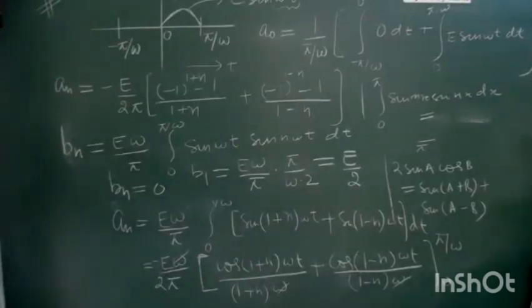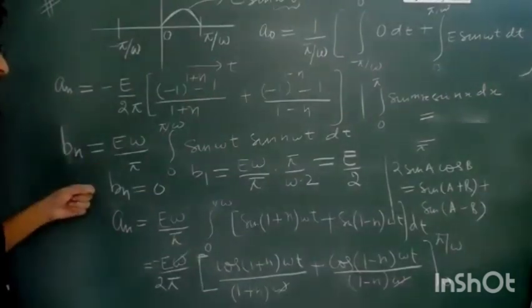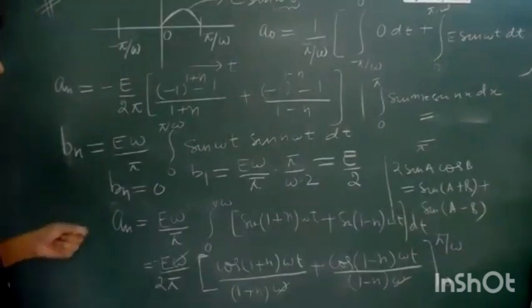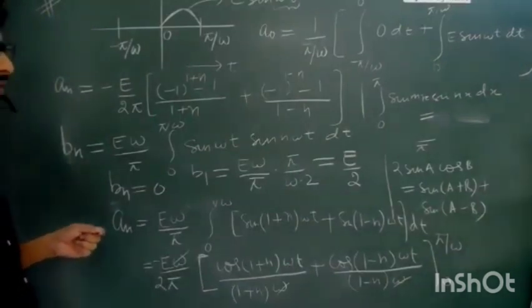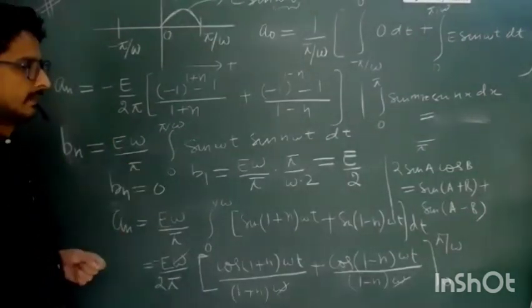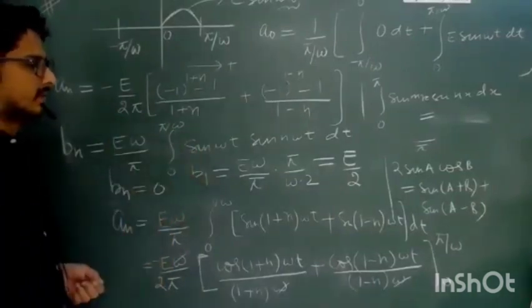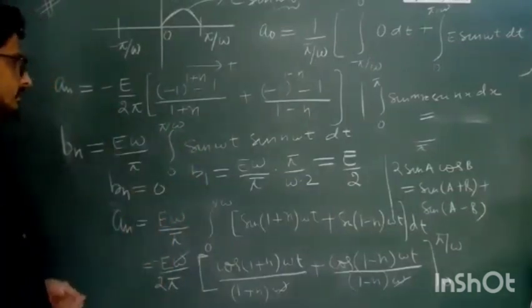No, you are not understanding where this is coming from. This is not coming from conversion. This is coming because in the negative domain it is 0. Okay, sir.